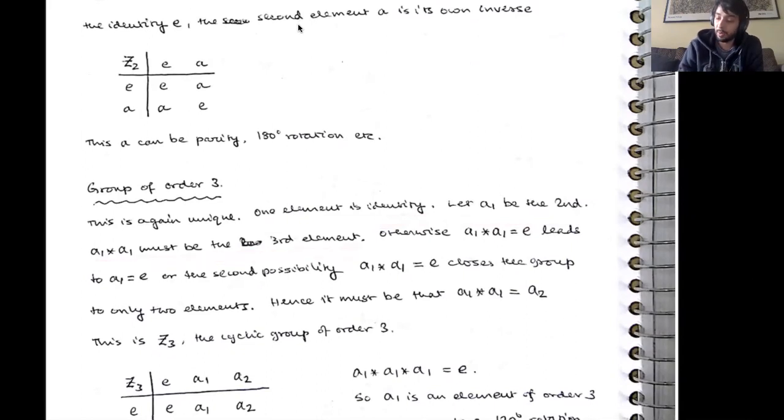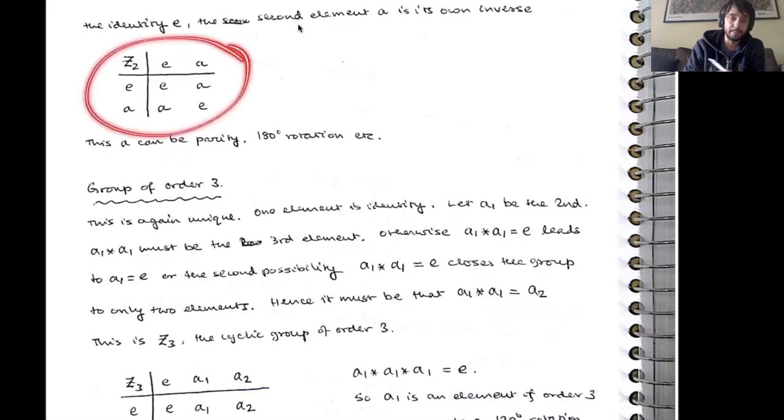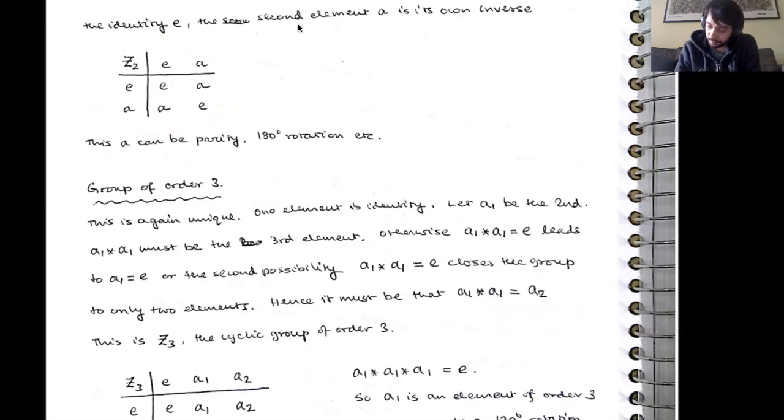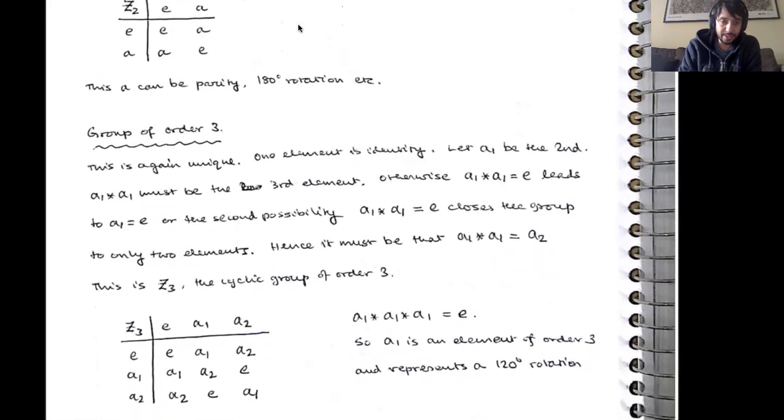Otherwise, A1 cross A1 becomes E, and the group closes with only two elements. So we must have A1 cross A1 equal to A2. This is Z3, the cyclic group of order 3.